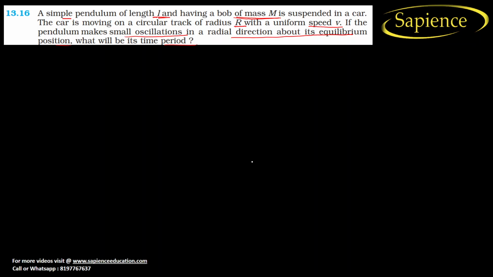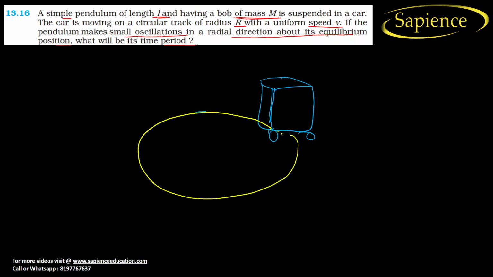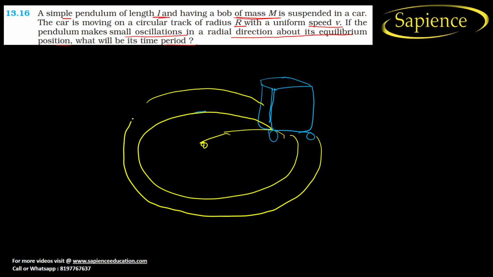Now let us make a car. Let us consider this is a car, and it is moving in a circular track, and the circular track has a radius of R. The speed with which it is moving is velocity v.